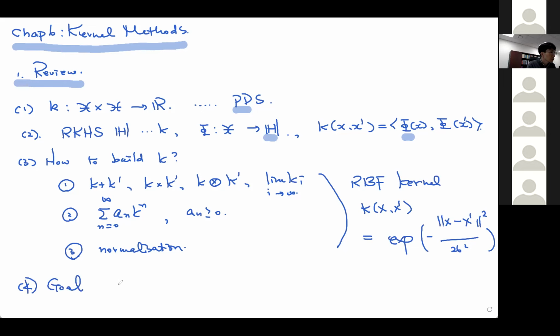Okay, so now what we're going to do today is look at one more construction called the empirical kernel. Another big thing we will look at is the so-called representer theorem, which provides a justification or theoretical basis for using kernels in an algorithm. Using kernels often means that we are using a very rich feature space, which may sometimes be infinite dimensional.